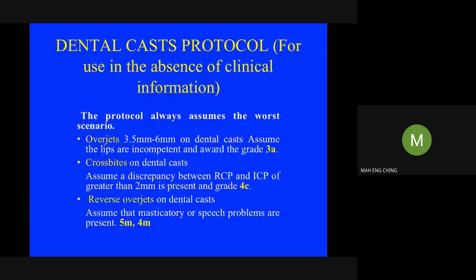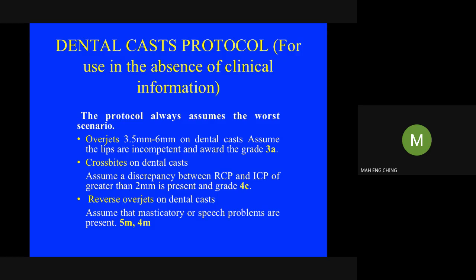Okay. So what if you want to use the IOTN without the patient present? It means you only have a cast, like the 30 cases I showed you, which you're going to do later, but without the patients. So how do you grade the patient's IOTN?